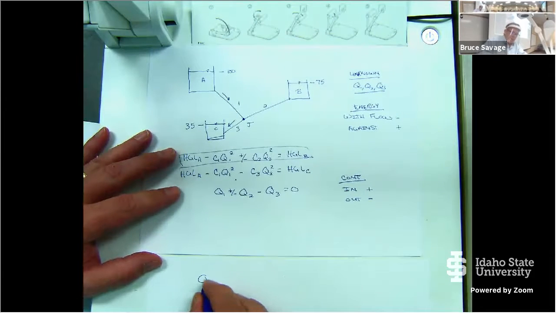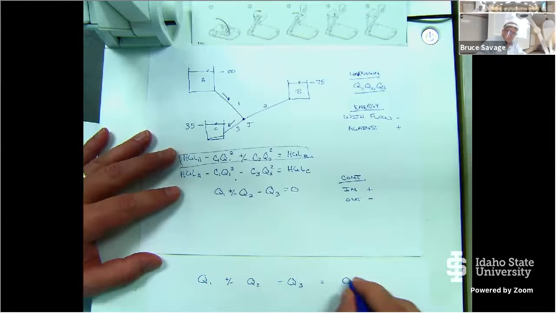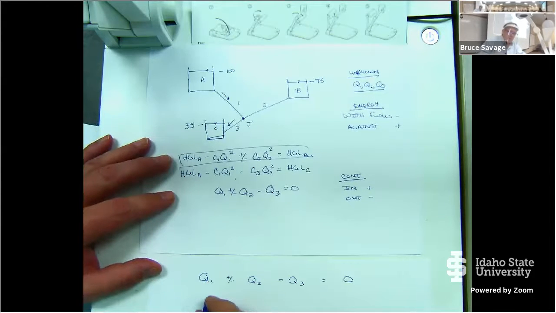I'm going to rewrite this as Q sub 1 plus or minus Q sub 2 minus Q sub 3 equals 0. My next equation I'm going to write as negative C sub 1 times Q sub 1 squared plus or minus C sub 2 times Q sub 2 squared. There is no Q sub 3 in that equation.